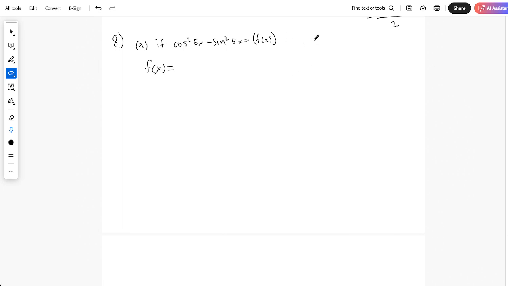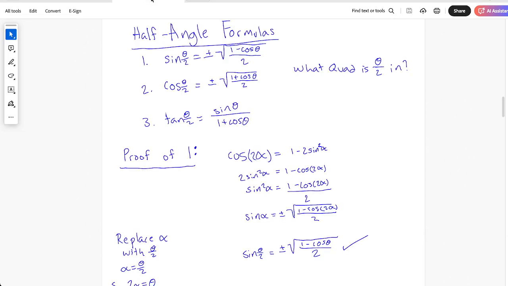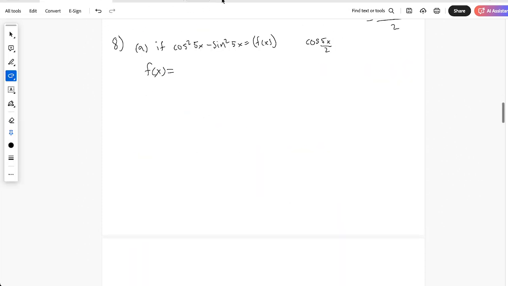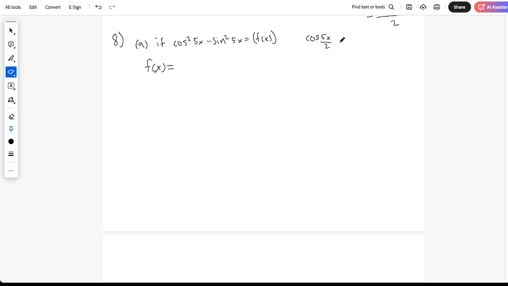So cosine of 5x, but this is technically over 2 for the, what's it called? The half angle formula, equals square root.